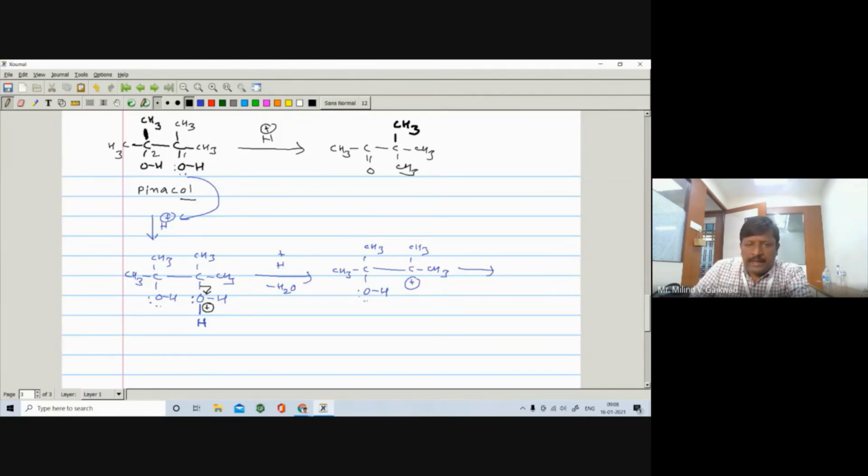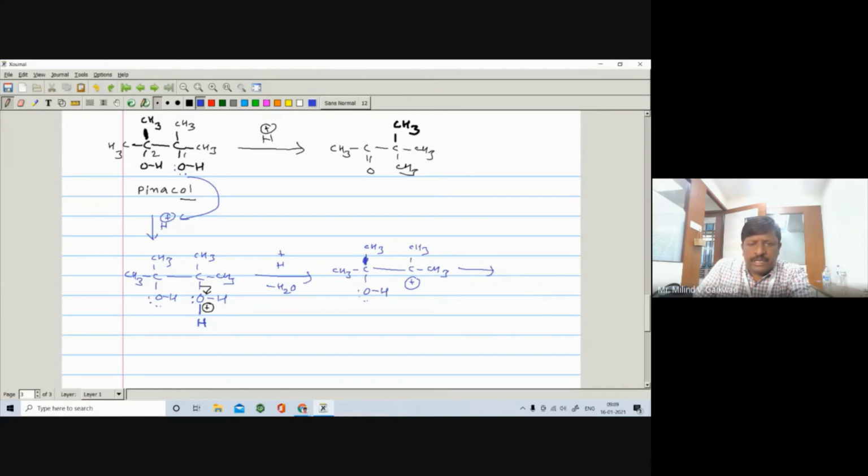So I will write this bond, right? So here is your CH3, here is your CH3, right? So the methyl group along with its electron pair, I will write the tail of the arrow here, and it attacks on this carbon. So I will write one more time.